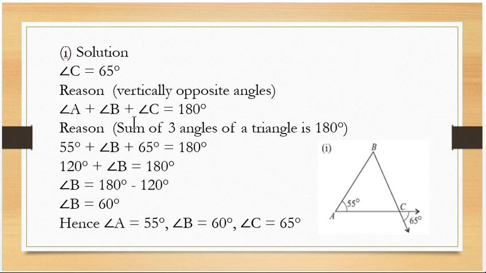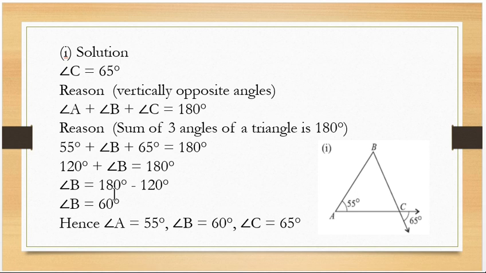Okay, so this property we are applying. Put the values of angle A and angle C, because angle B is the missing angle and we have to find it out. Add these two angles, that will be equal to 120, plus the unknown angle B, that will be equal to 180. Now move this 120 to the other side, then it will be subtracted from 180 and that will be equal to 60 degrees.